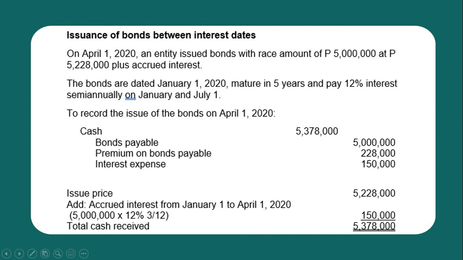Kaya ang full 5 years, apil diri ang period nga idle ang atong bonds, okay? Meaning, apil tong prior sa issuance sa bonds. So, meaning, again, we will amortize the 228,000 premium for 4 years and 9 months.